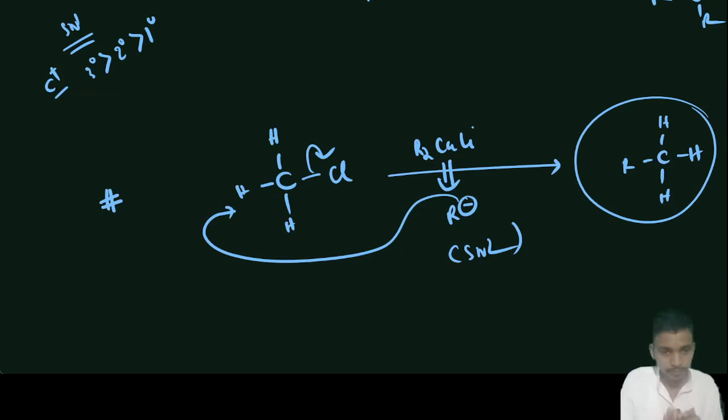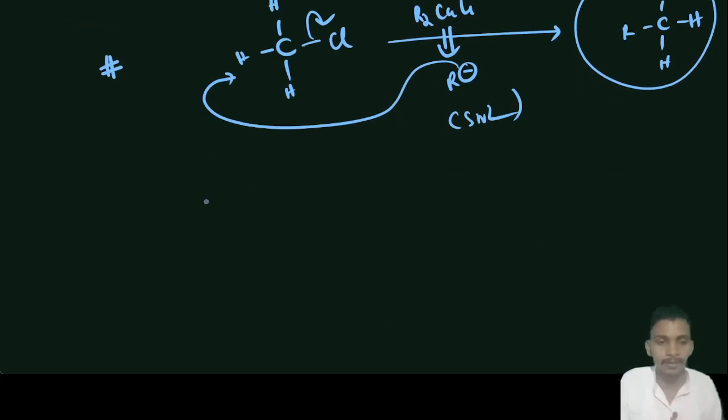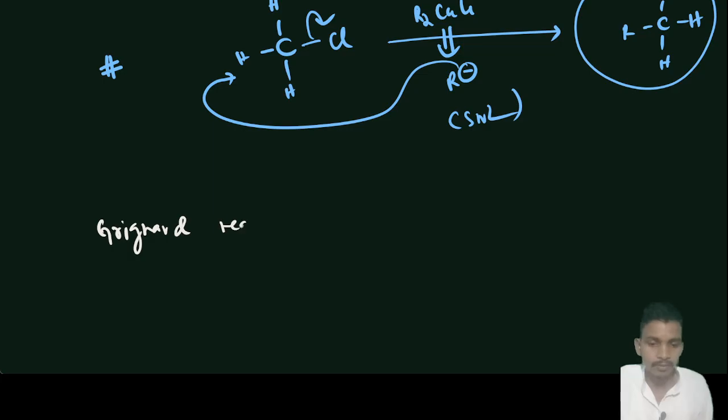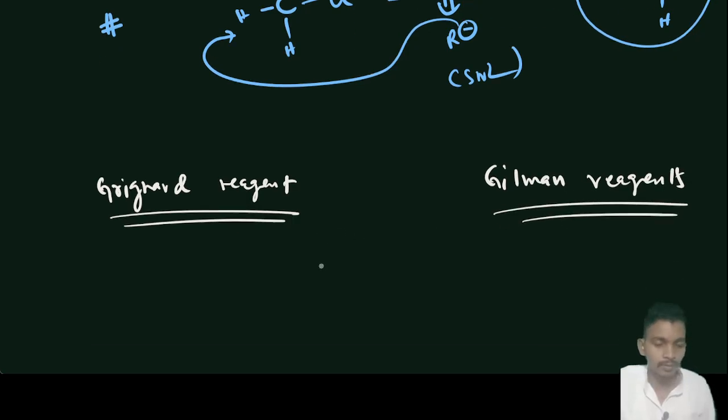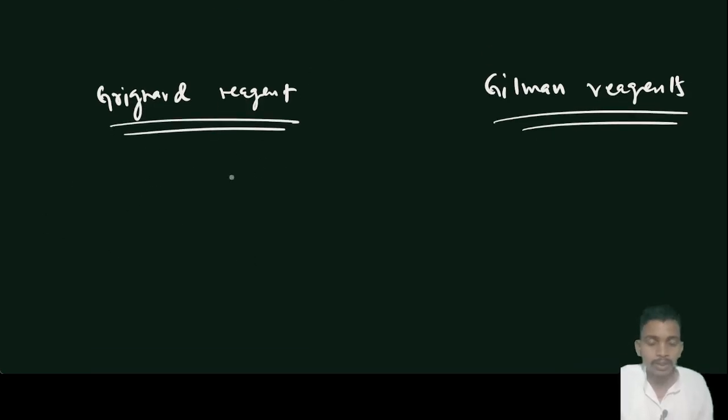Now for the Grignard reagent, SN2 reactions will not be given. It is contradictory when we compare Grignard reagents and Gilman reagents. Here we want to do SN2 reactions.